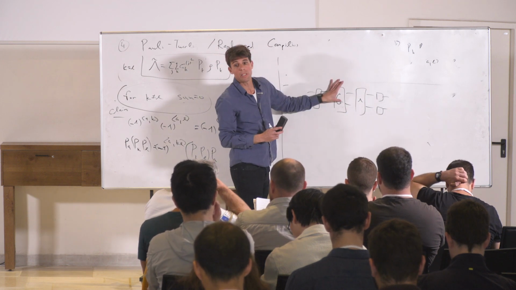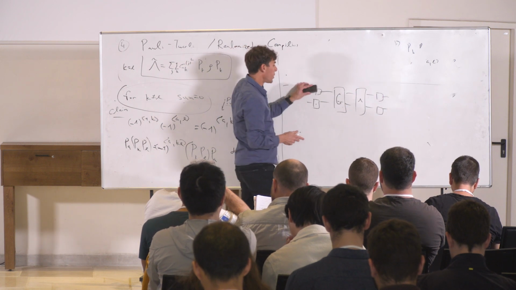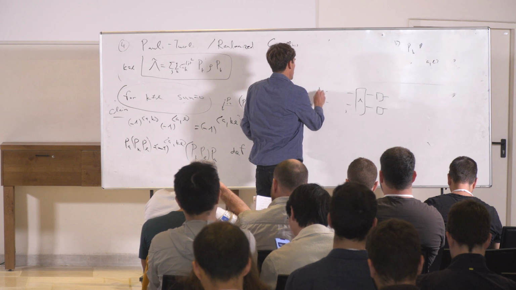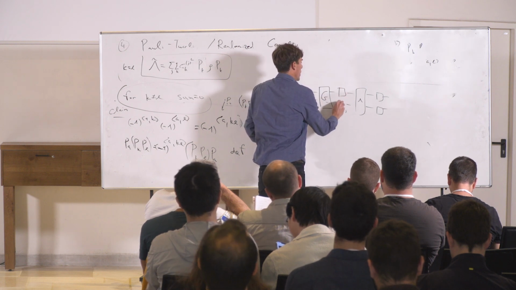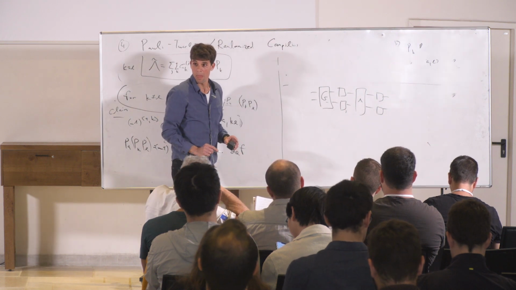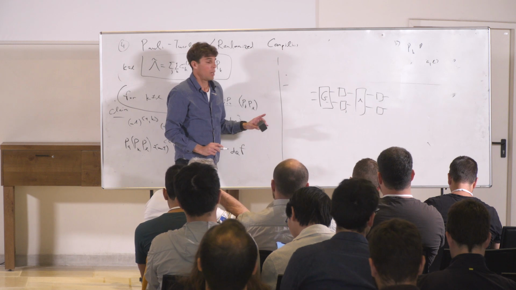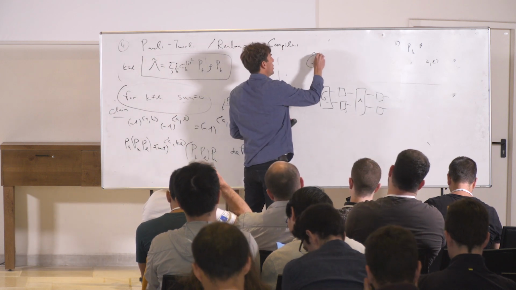So I can just commute them here, and then I know exactly which Paulis to apply here and here. So the statement is that I can twirl only the noise. I can basically effectively do this. Is this clear? So now, remember we had our noisy G.